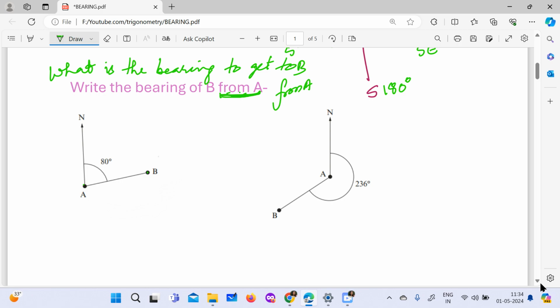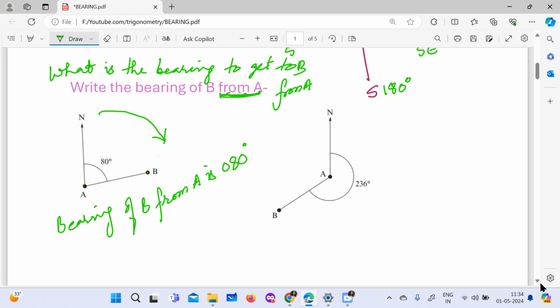Now you measure your bearing clockwise and write it in 3 digits. It's already written here, 80. So I can write my answer as: bearing of B from A is 080.